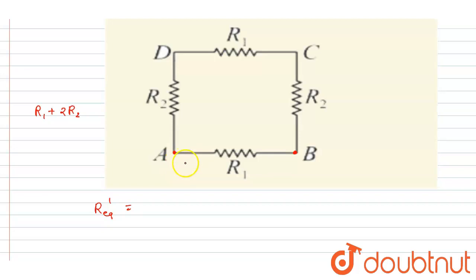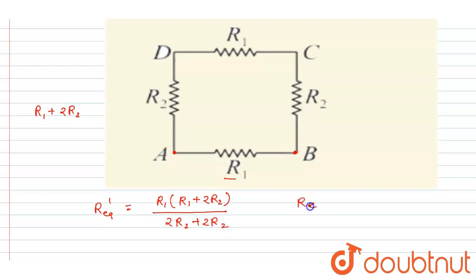They are connected in parallel with this one. So we can apply the formula of parallel connection, that is R1 R2 by R1 plus R2. So I will write R1 into R1 plus 2 R2, in division the summation of the two, so I will write 2.